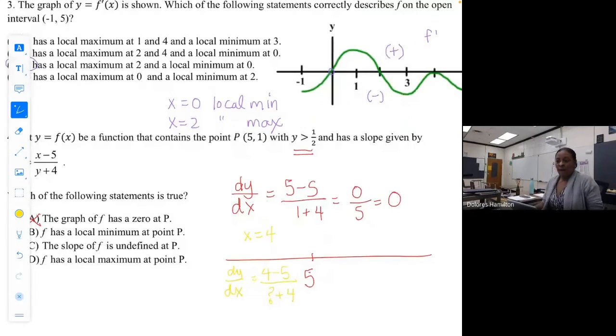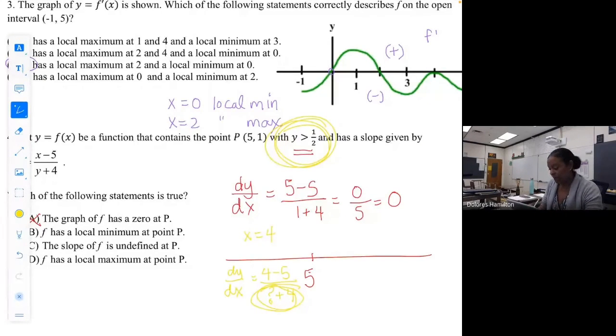So I plugged in a value to the left of 5, that's 4, and all I know is x is 4. I don't know the corresponding y value, but remember, folks, we at least know that y has to be bigger than 1/2, which tells us that this denominator, regardless of what that y value is, is positive.